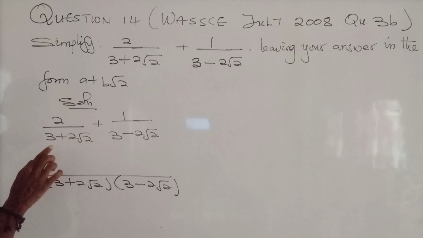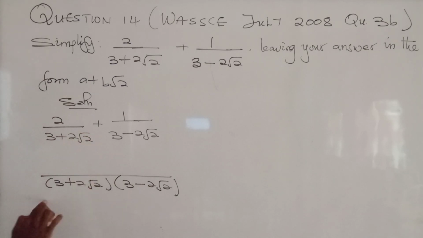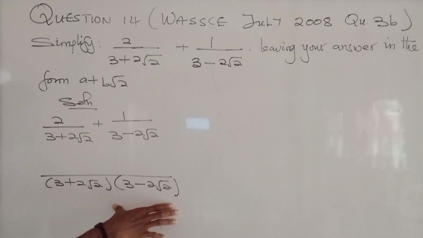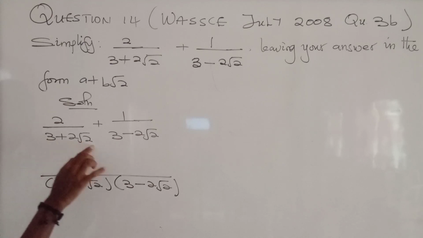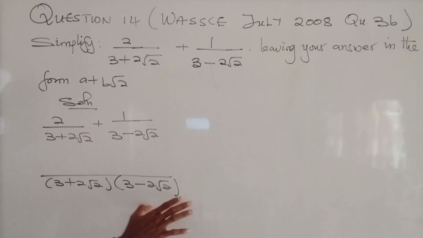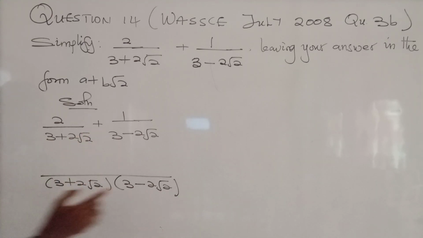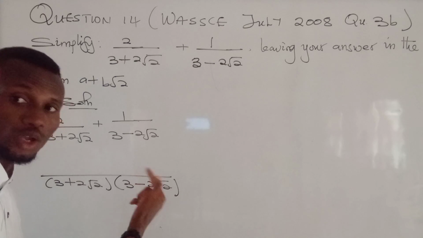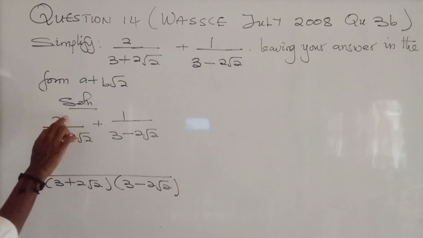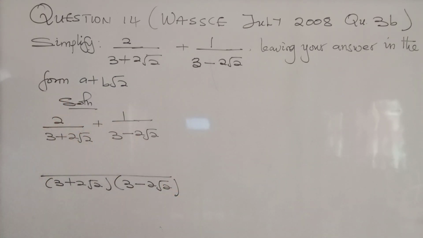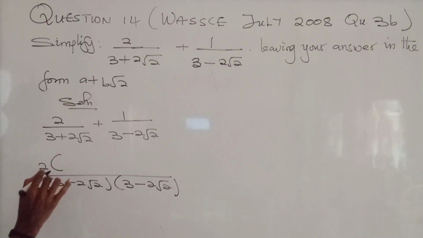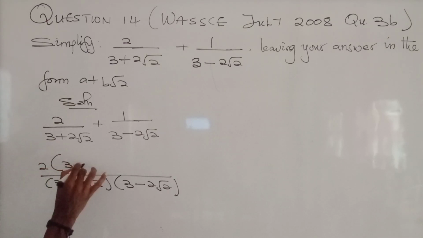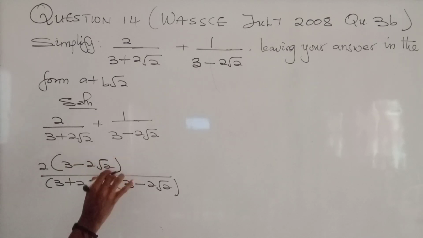It will be left with 3 minus 2 root 2, and that 3 minus 2 root 2 will multiply what we have at the numerator, which is the 2. So we are going to have 2 into bracket 3 minus 2 root 2, brackets close.